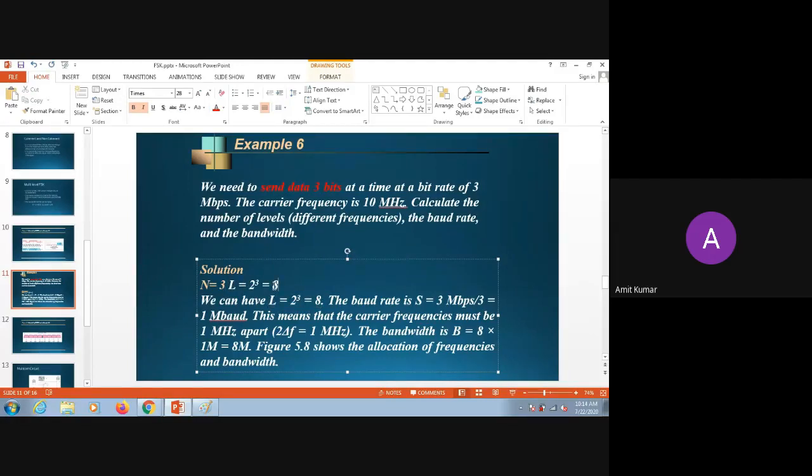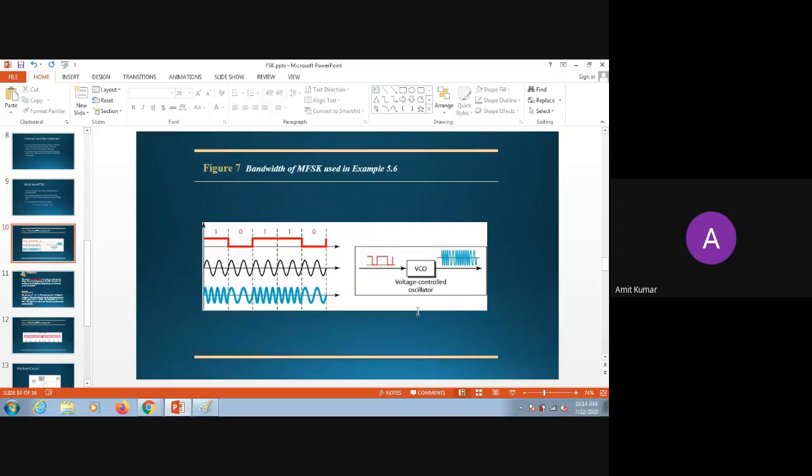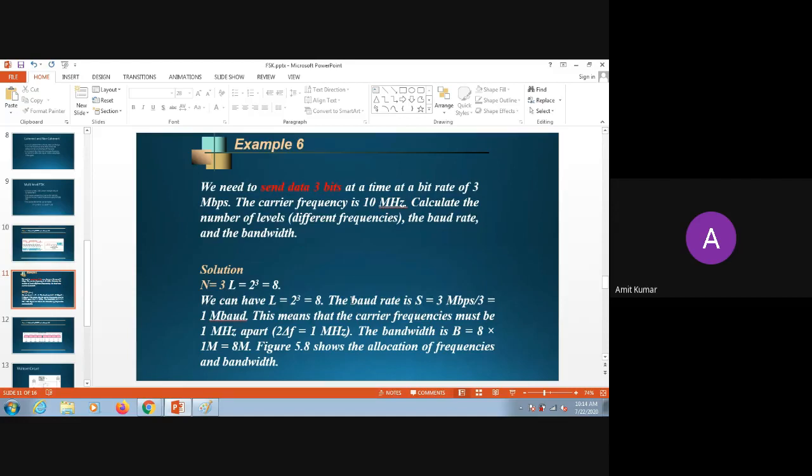So once you calculate the 8, the total number of levels is available as 8. Then you have to just go for finding. If you see this formula, you need not go for finding delta f. You can just directly multiply with the baud rate. If you just want to calculate the approximate value, you can directly calculate it.